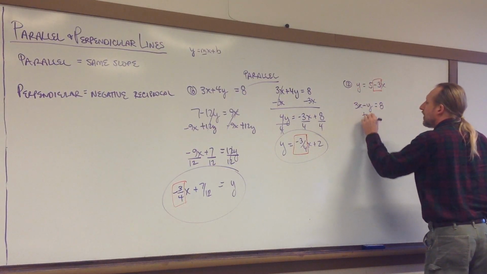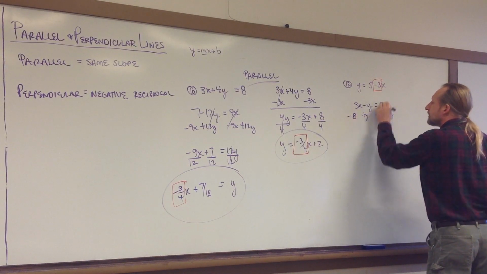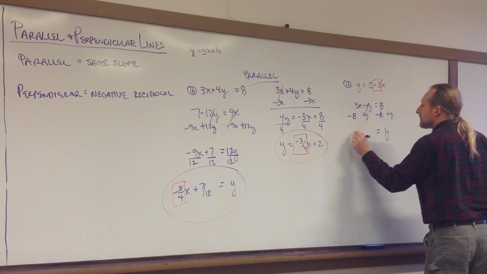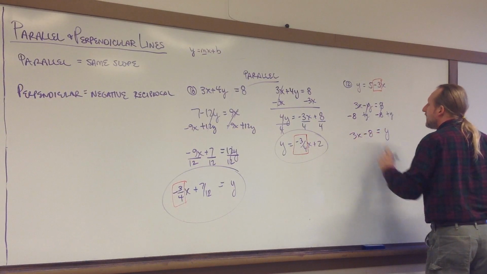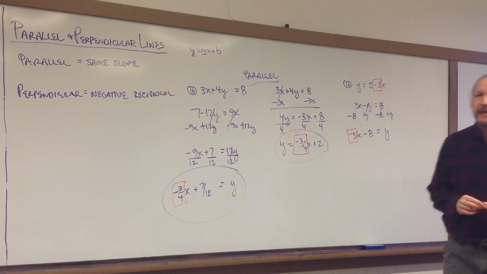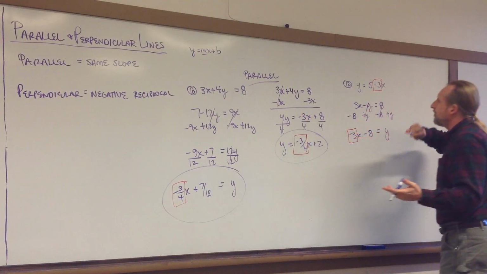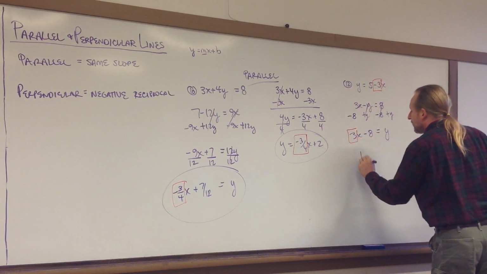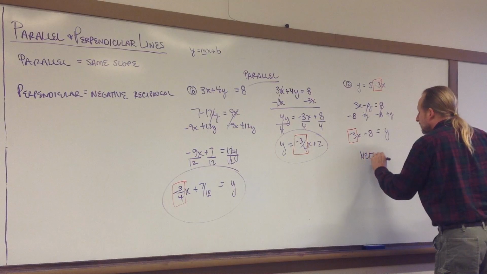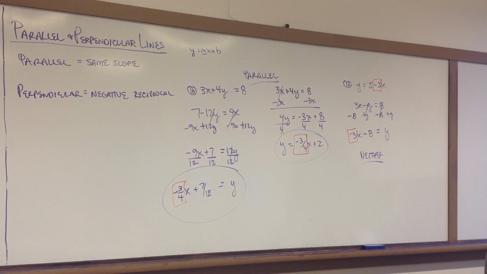So let's get this y by itself. I'll add y and subtract 8, so y is going to be 3x minus 8. Here the slope is positive 3. So this is very similar to that last problem we saw that was neither parallel nor perpendicular. Right? This has a slope of positive 3, this has a slope of negative 3, and so this is neither parallel nor perpendicular.